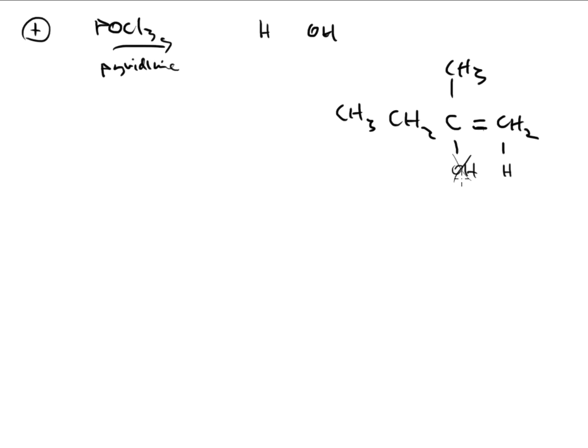And if this is where I put my OH group, that is what will go on because that is the preferred double bond location. So what that means is that I'm going to have to break that double bond. That's the product that I'm after.